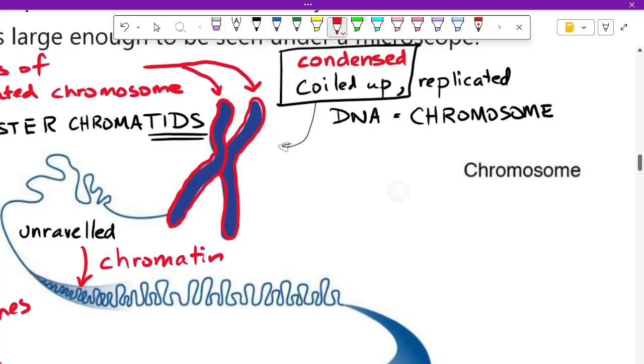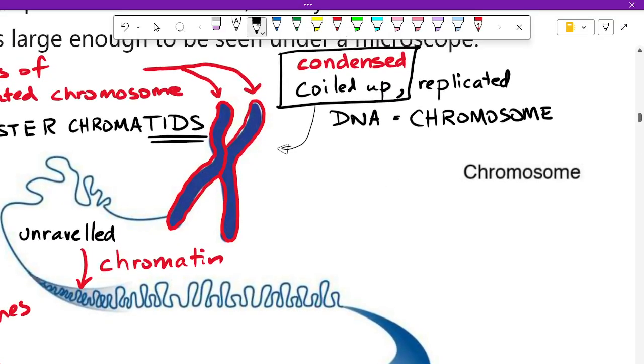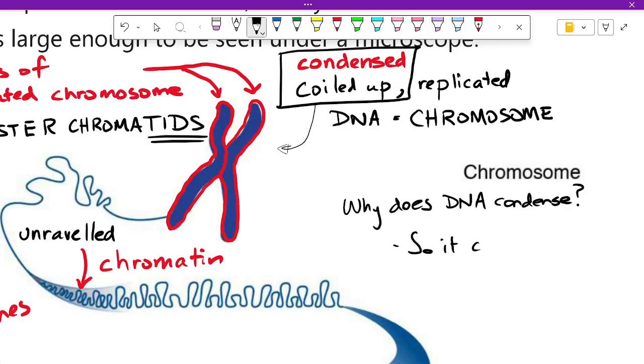Why does DNA condense? It's so it can be more easily organized. Why would we want to organize it? For what purpose? Because you know what? It's really good at doing its job without any organization whatsoever.